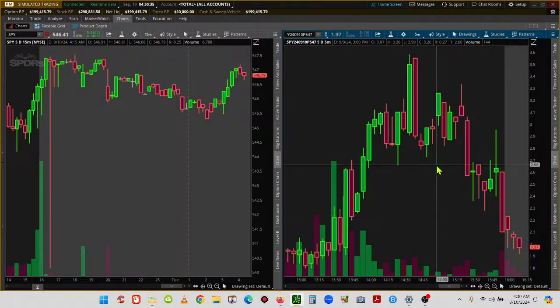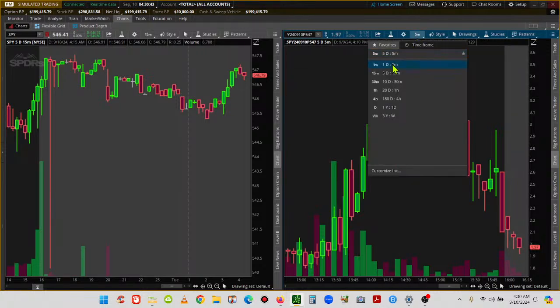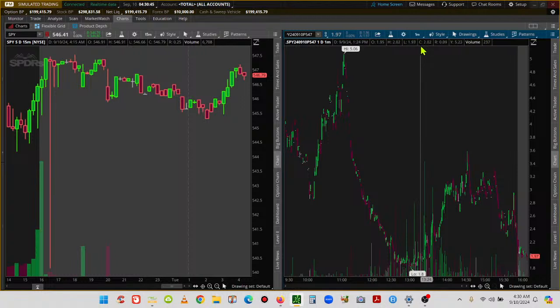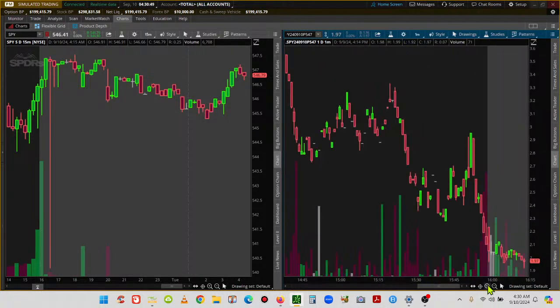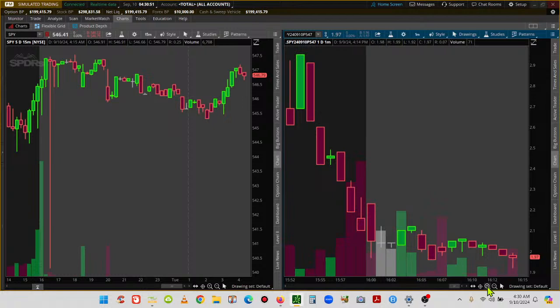So for options, for short-term trading, I want to look at the 5-minute. Sometimes I'll look at the 1 minute. So you do that by changing this right here, and you've got to zoom back in. It doesn't keep the focus. Let's see if I could fix that to make it so the focus is always set to that level. But it's supposed to look like that. So gray is after hours trading.